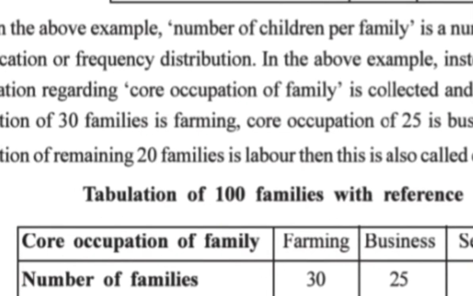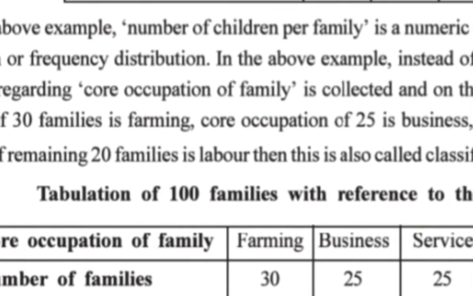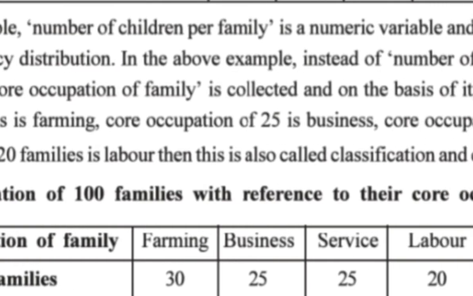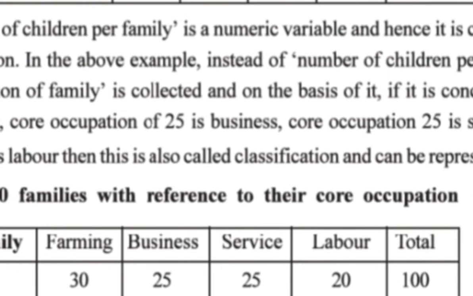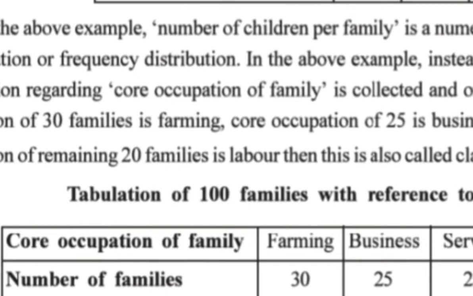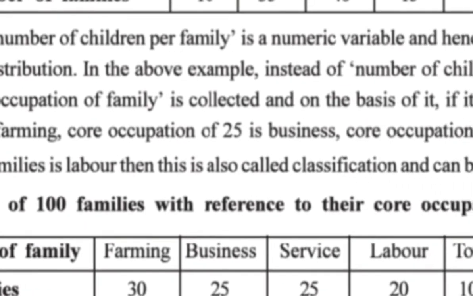In this example there are 30 families who do farming, 25 families involved in business, 25 families in the service sector and 20 families in labor. And you would find the total is 100, which shows how many families have been surveyed.